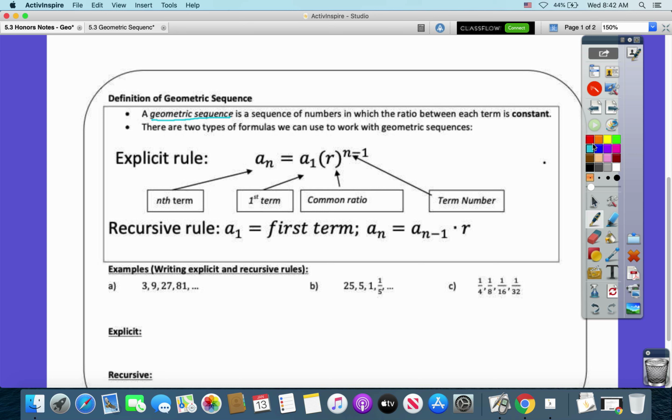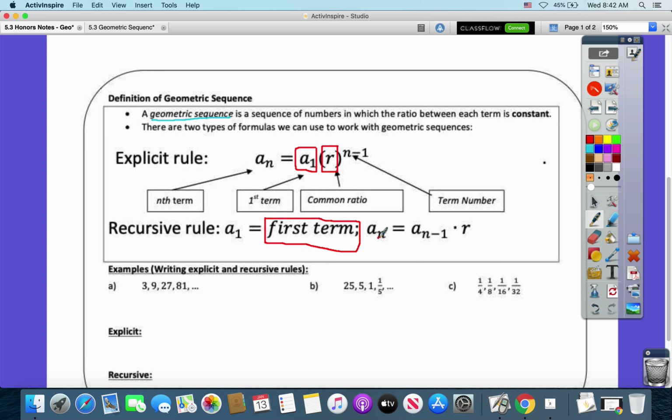And when we actually write the rules for this, the only things that you plug in are a sub 1, your first term, and then you need to plug in the value of r, whatever number you're multiplying by every time. For the recursive rule, it's the same thing. We start out with a sub 1 equals our first term, and that's what you need to plug in, whatever that first term is.